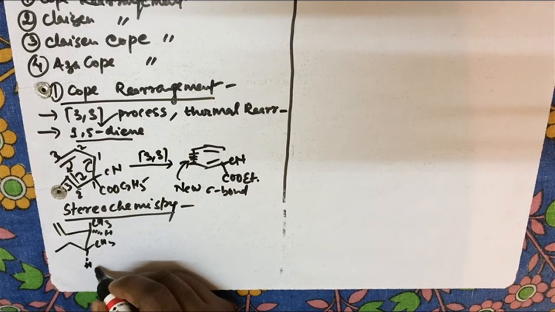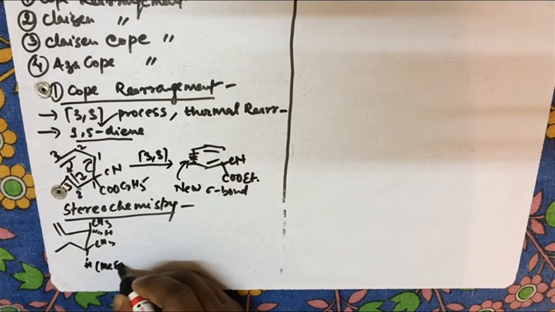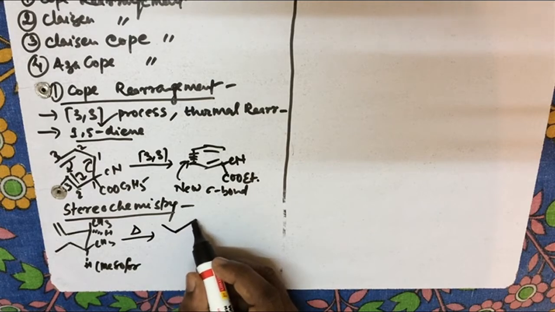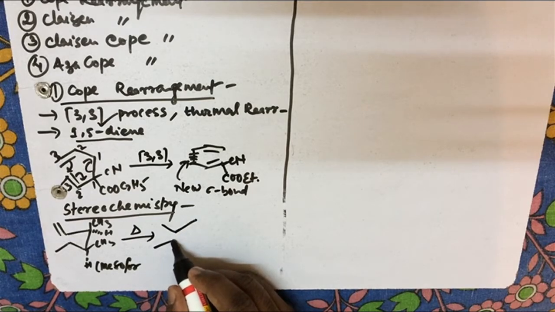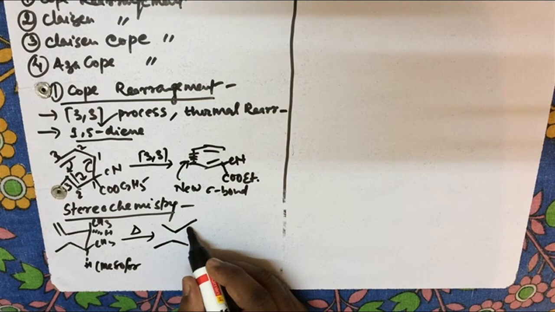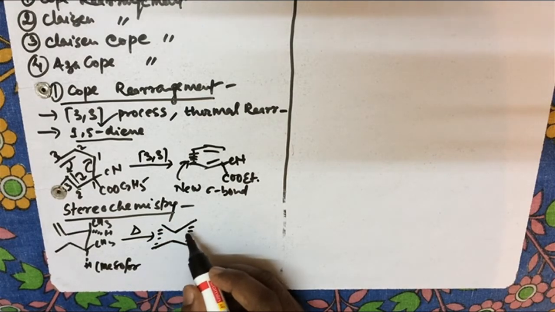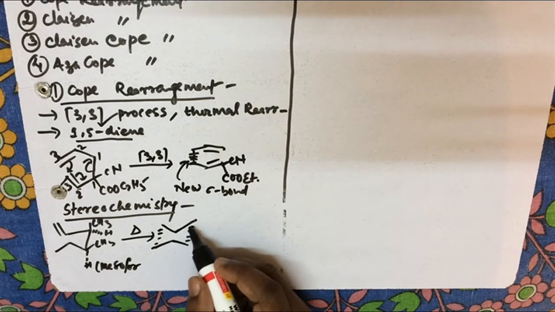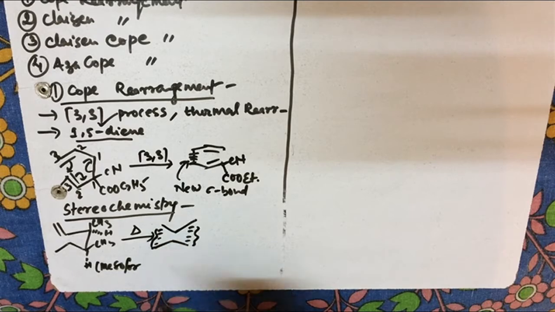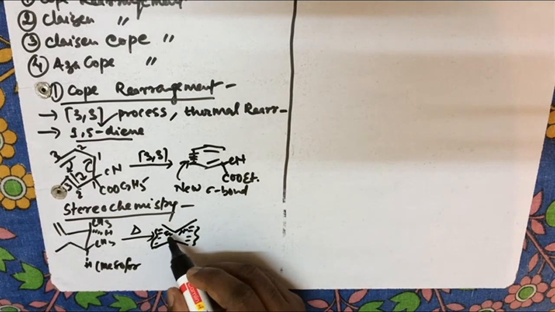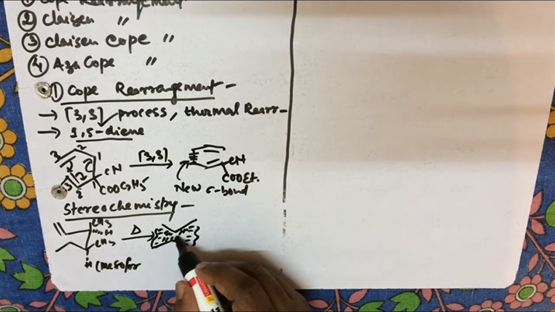This is a meso form. Under heat it will go through the transition state, with one bond forming here and one forming here. This is the breaking bond, and this is the forming bond.